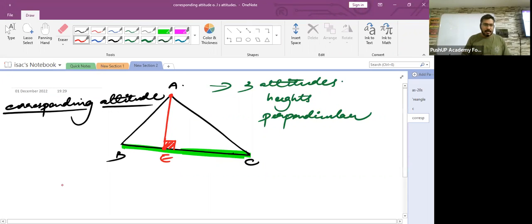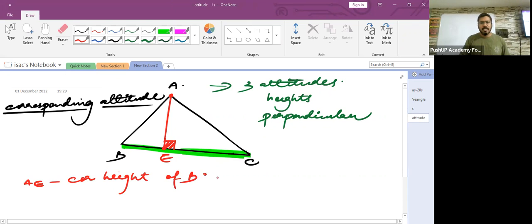Now, children, I will write here: AE is the corresponding height of BC.